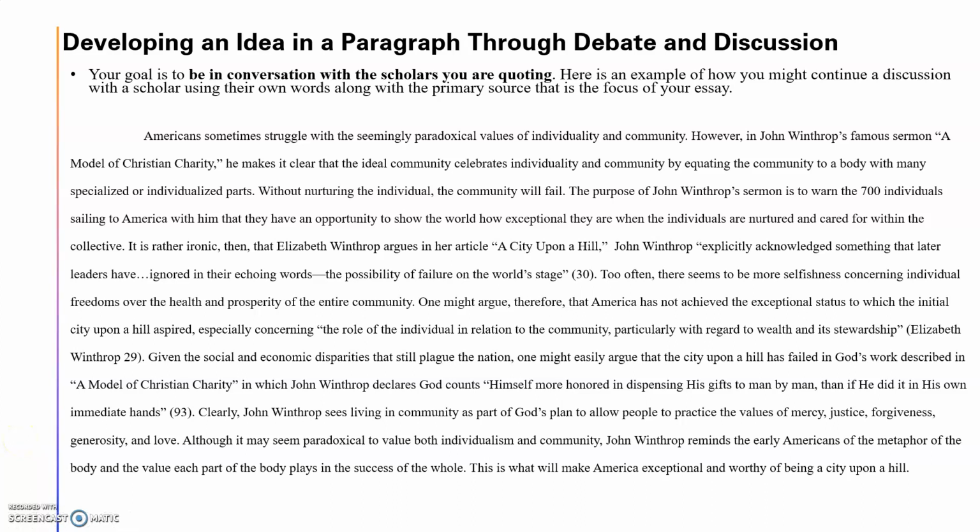So here is a draft of a paragraph of how you might continue that discussion with the scholar using the primary source to back up your position.